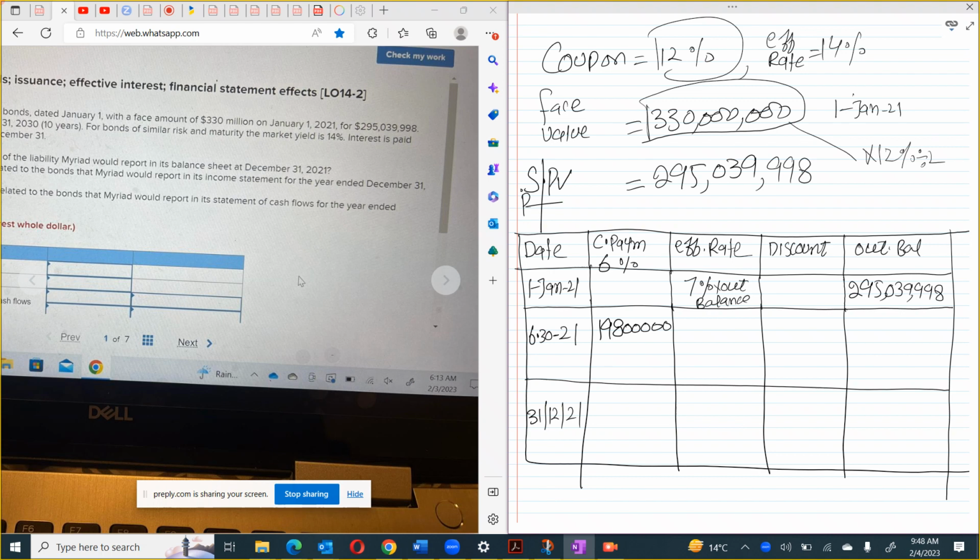The debit amount is 713,477. Then discount on bonds payable, this will be 26,523.